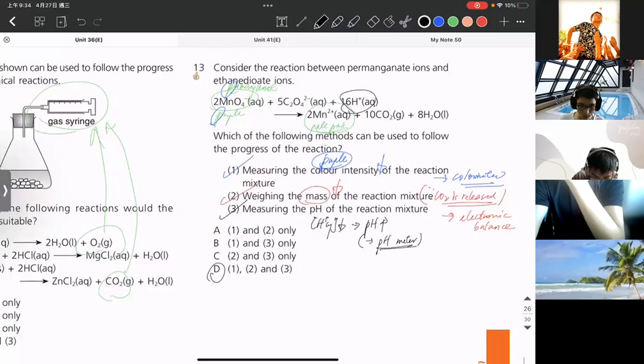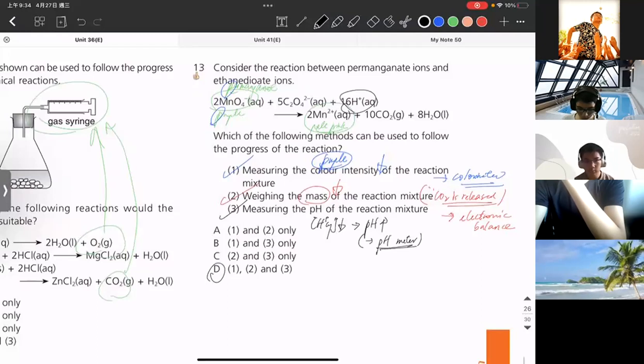So before we end the lecture today, I would just go over and review different methods. For MCs, you may find it difficult because you are not so familiar with the type of reaction. But don't worry, you use the same procedure, same flow, and you can solve. First of all, check any gas formation or consumption. If that is the case, use physical method. For example, gas syringe can help.